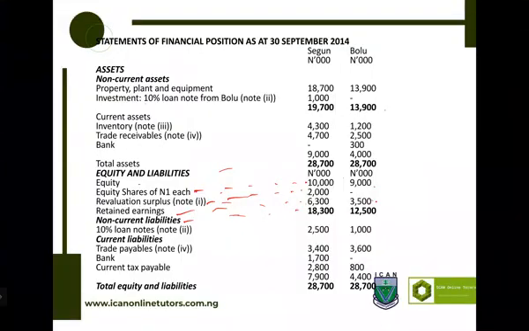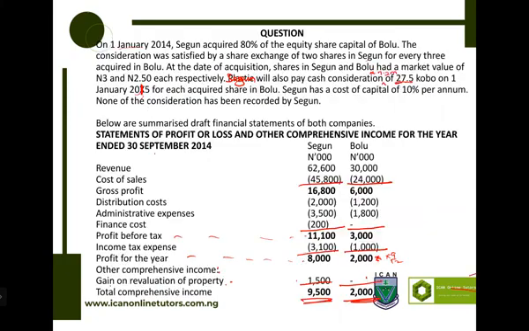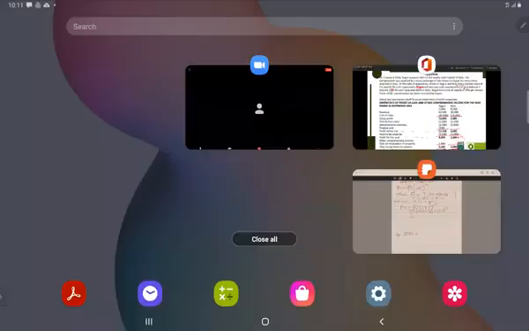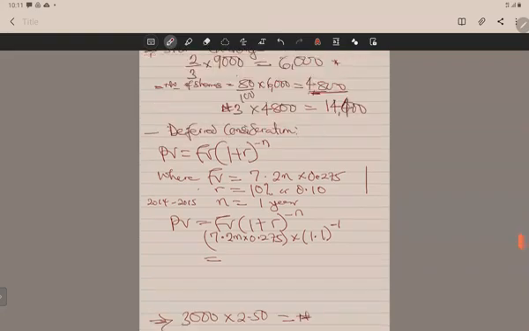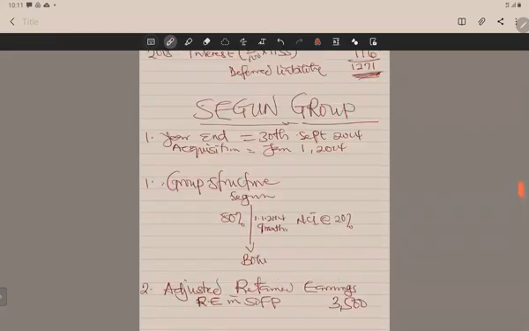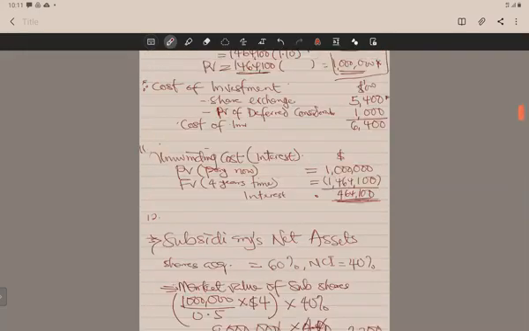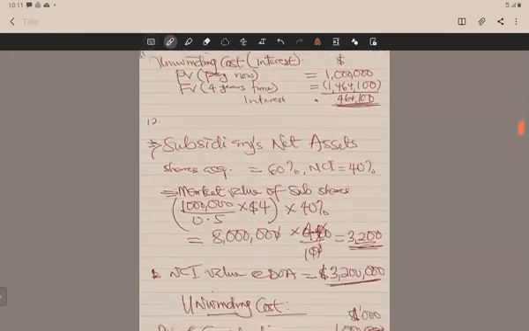Just as we've calculated the first one, it's also the same thing for the second one. Bolu market price of shares is what? 2 naira 50 kobo. Just multiply it by 2 naira 50 kobo. What we have is the value of shares. Look at it. It's also the same way that we have done the first one. That's why I first of all did this first one for us so that we could understand better.